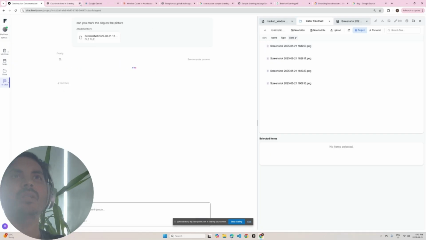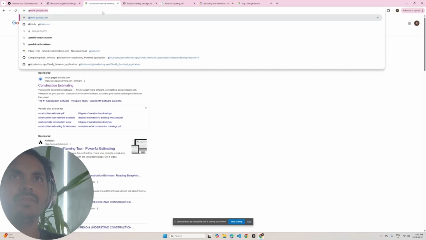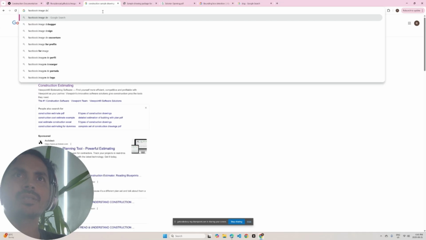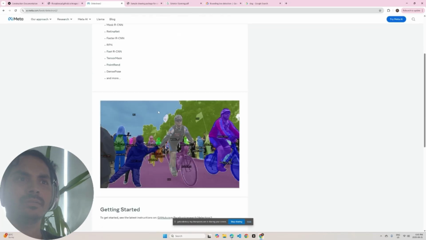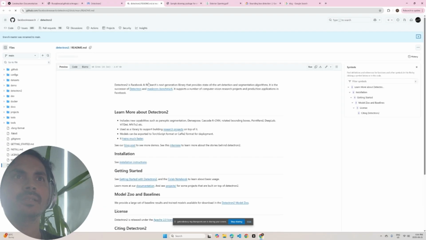I remember there was a model from Facebook too that could understand images really well. Let's see. Facebook image detection. Detectron.